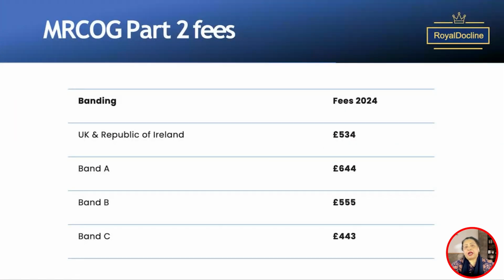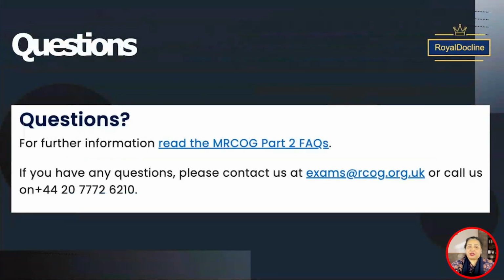Now, this is the MRCOG Part 2 fee. You have to look into it, and according to your banding, you have to submit that fee. These are bands A, B, and C, and those people who are working in the UK and Ireland have a different amount of fee. I have taken this just from the RCOG website. There are a few questions which are called frequently asked questions.